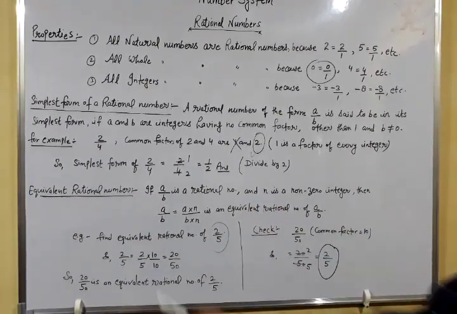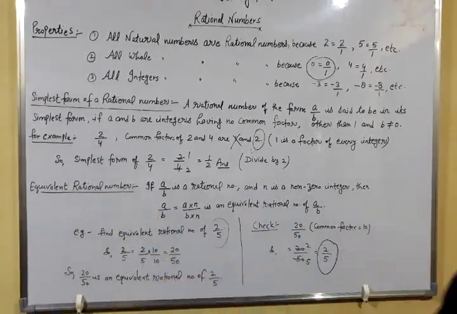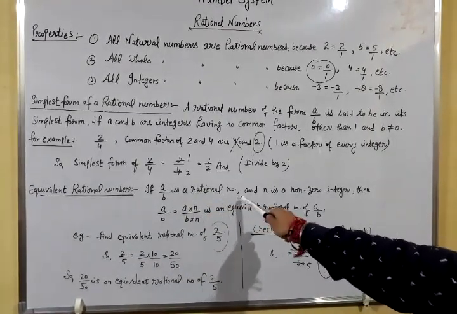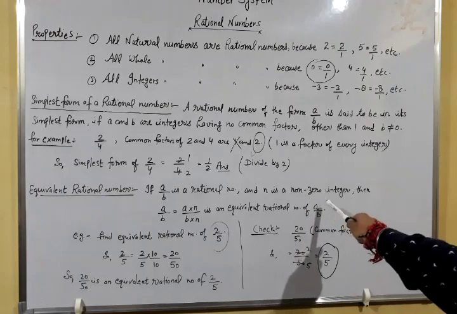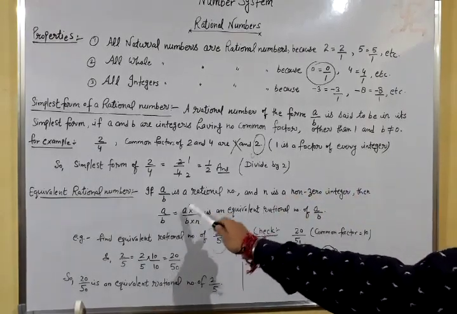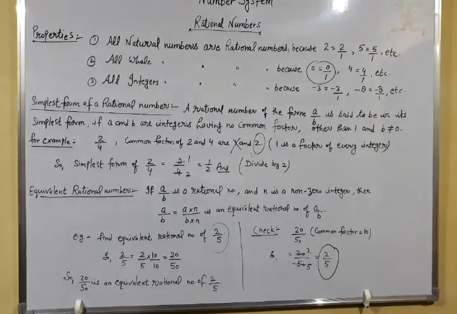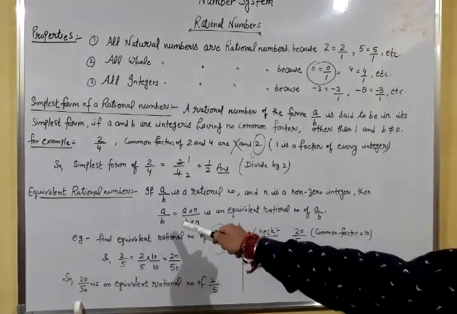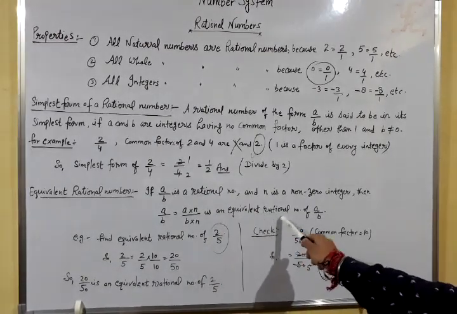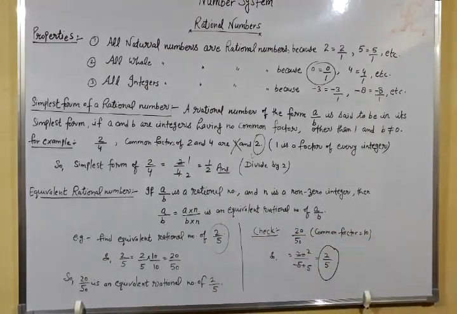Next topic is equivalent rational numbers. If a upon b is a rational number and n is a non-zero integer, then a upon b is equal to a multiplied by n upon b multiplied by n, which is an equivalent rational number of a upon b.